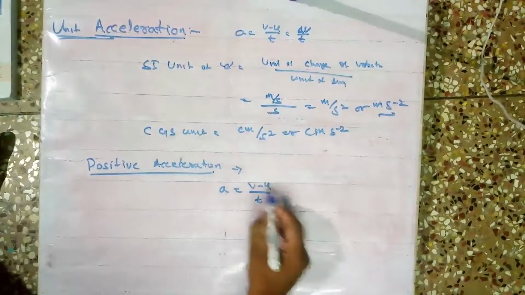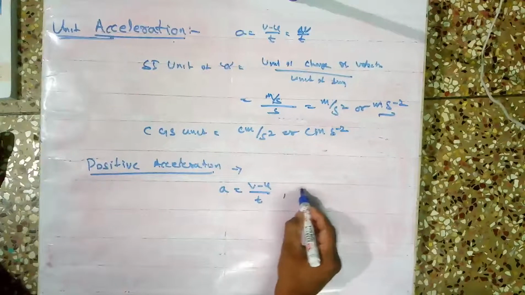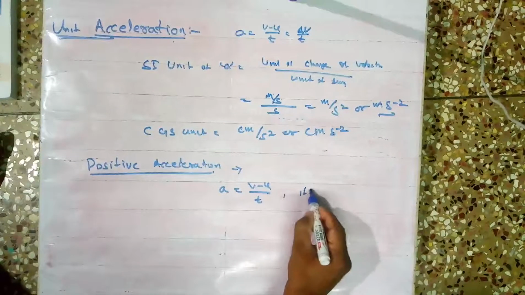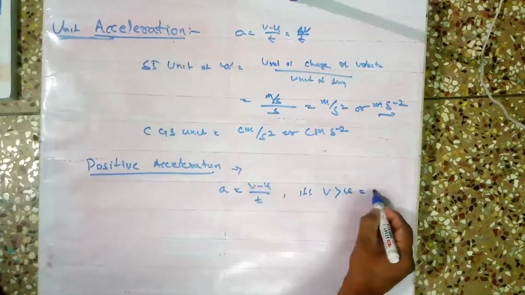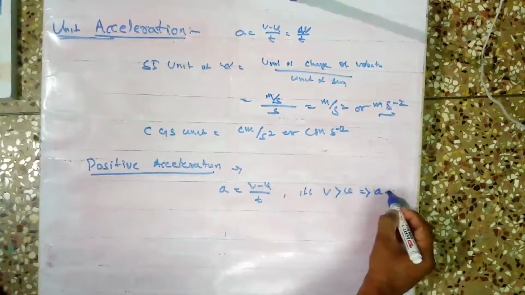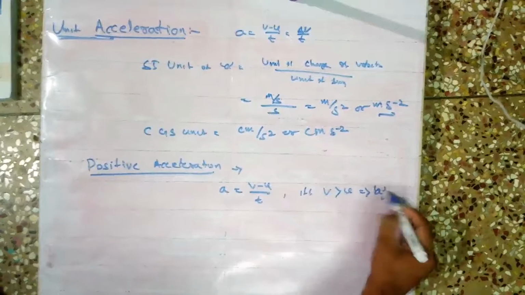If v is greater than u, then a is positive.